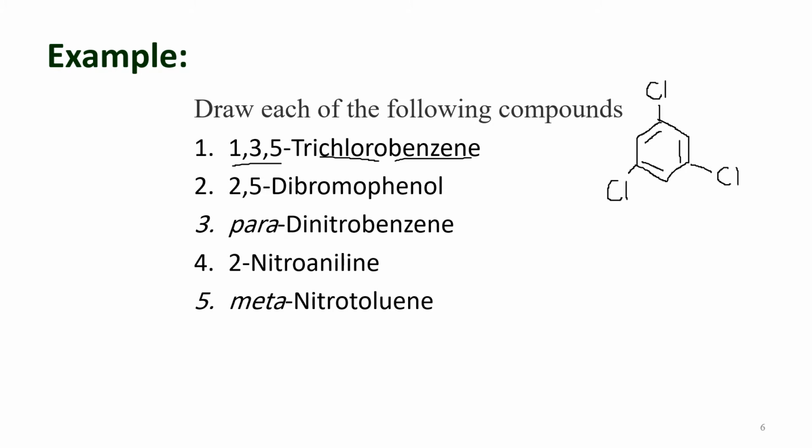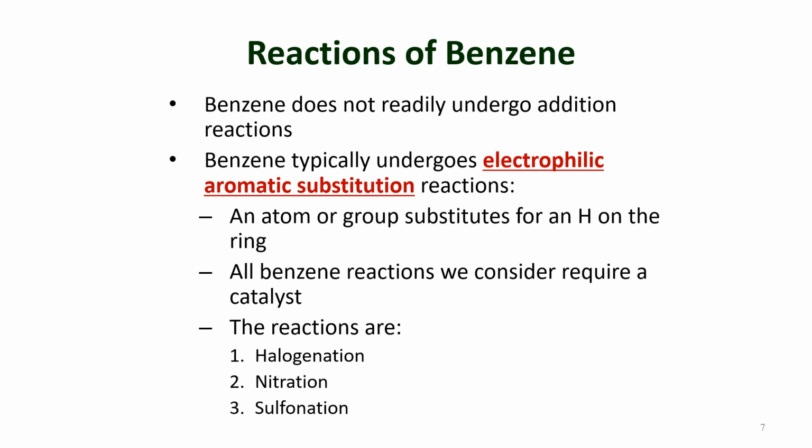This is the homework. Next up are a few reactions of benzene. The first thing to remember is that benzene does not readily undergo addition reactions. But it typically undergoes a specific type of substitution reaction known as electrophilic aromatic substitution, and the typical definition of substitution applies here.